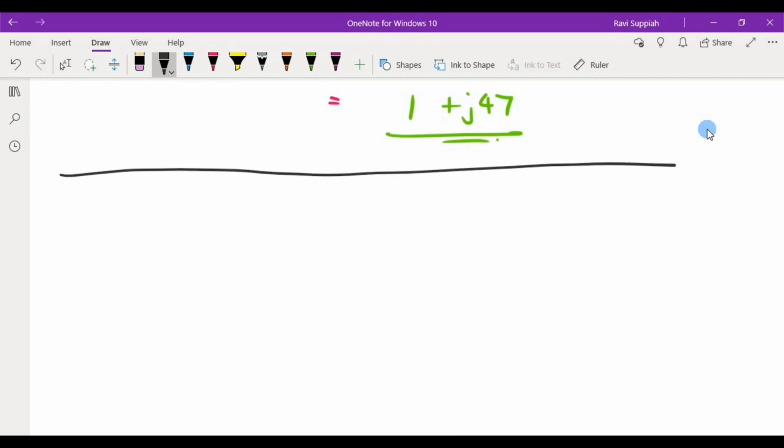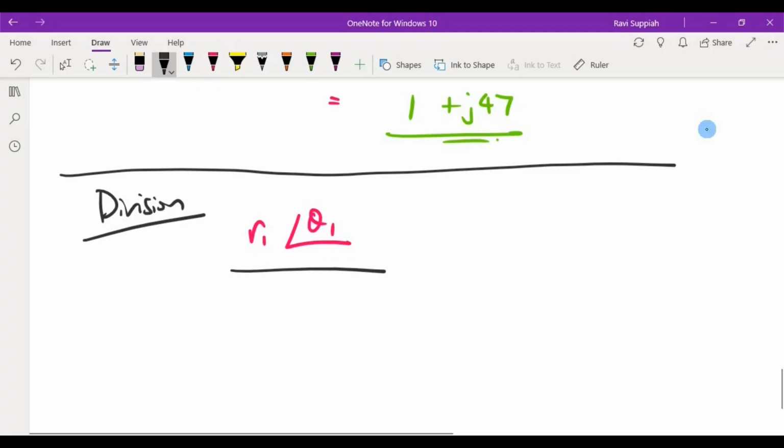Now we're going to do it in division. Okay, so for division, what we have is, given two complex numbers, r1 angle theta 1 divided by r2 angle theta 2, what you will get is r1 over r2.